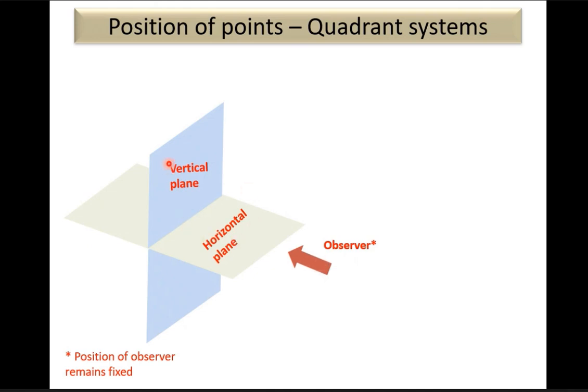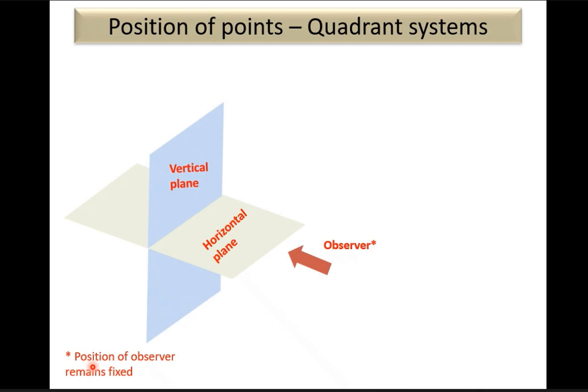And we have these 2 principal planes. This is called the vertical plane. This is the horizontal plane. So anything in this region, any object which is in between the vertical plane and the observer, is in the first quadrant. The same goes for the 4th quadrant also.